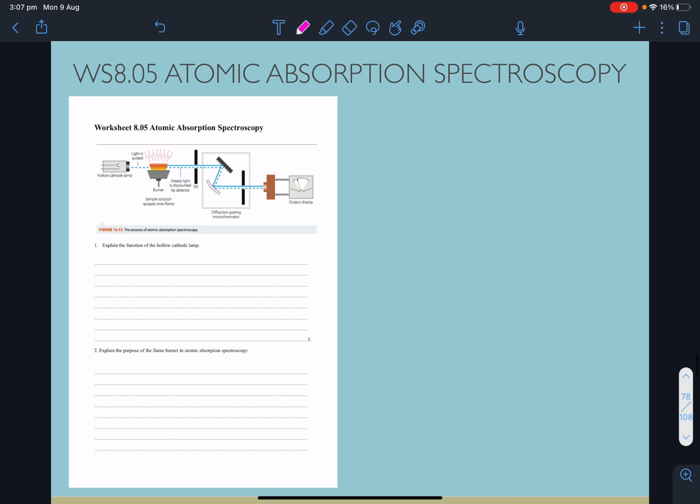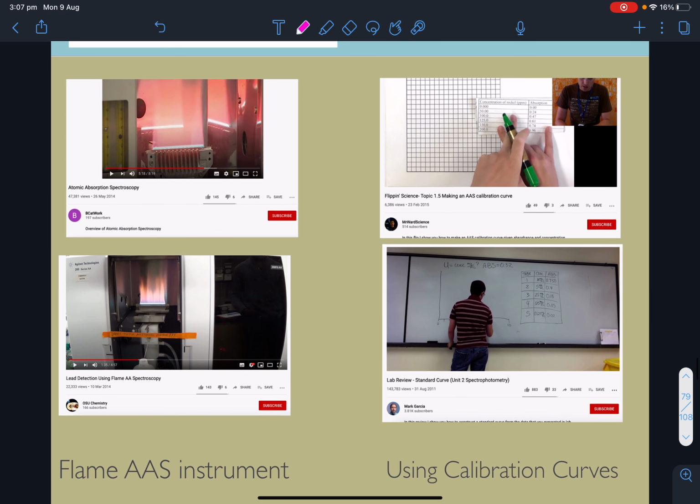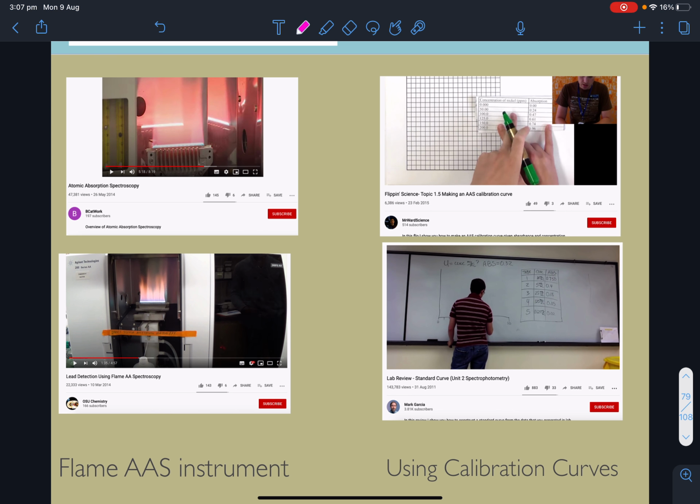Okay. Atomic absorption spectroscopy worksheet. Also, here's some good videos. There's 2 videos of AAS, atomic absorption spectroscopy machines working. They're very important to get your head around a bit more what they're doing. Okay, it becomes a bit more clearer if you've used one, but under the circumstances, have a look at those 2 good videos.